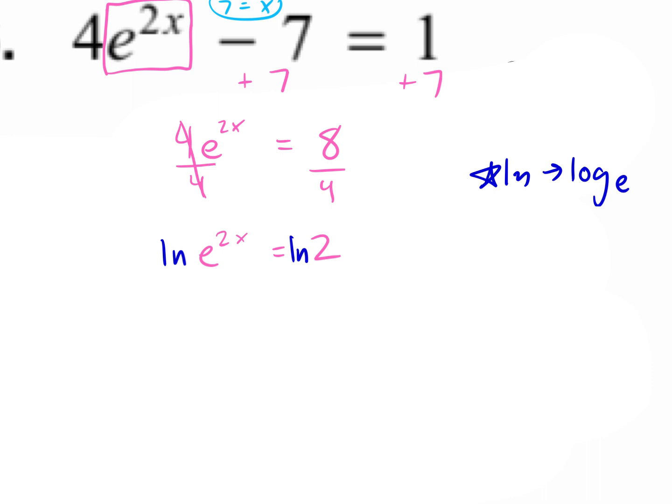So if we can't get our bases to be the same like we did in the last question, we have to take the log of both sides, which our base is e, so we could just take the ln of both sides here. Because ln and e will cancel, so I'm left with 2x is equal to ln of 2. Awesome, let's put it in the calculator. ln of 2 would be 0.693, and then we divide by 2.